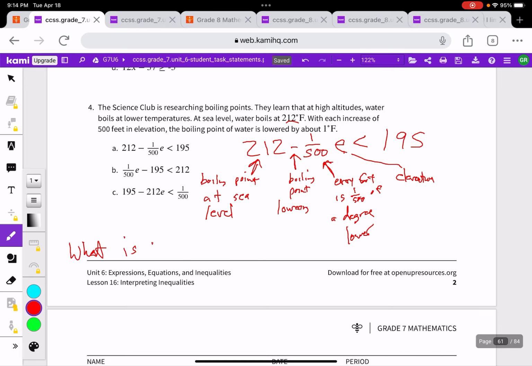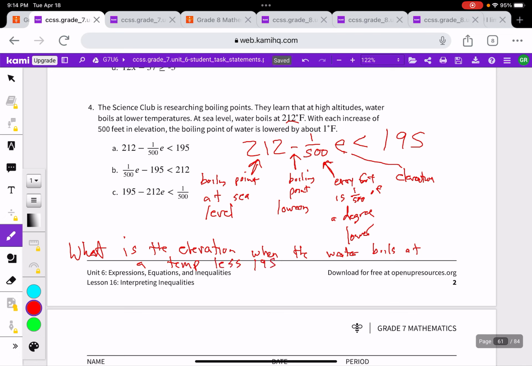It says, what is the elevation? It's asking for E. What's the elevation? And it's talking about water boiling points, when the water boils at a temperature, and apparently this is saying less than 195.